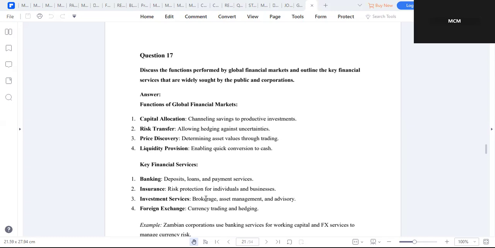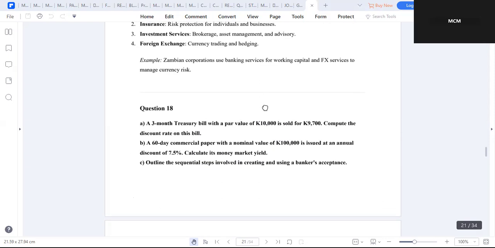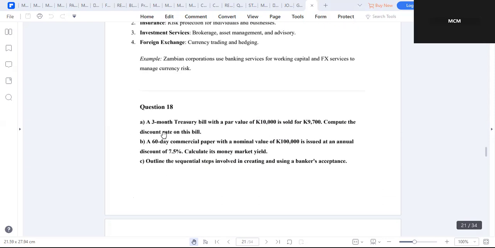We talked about the fintech world the other time. So these are the functions. So you must realize that this question will come in different contexts. So you must understand the key role that the global financial markets are playing. So in almost all the papers we've been having that question.